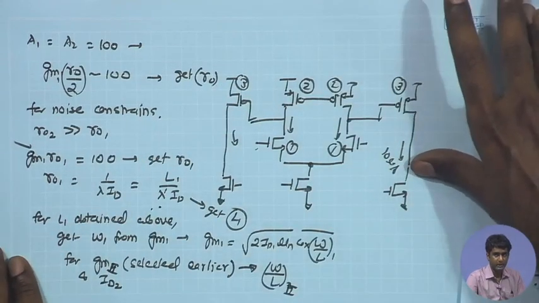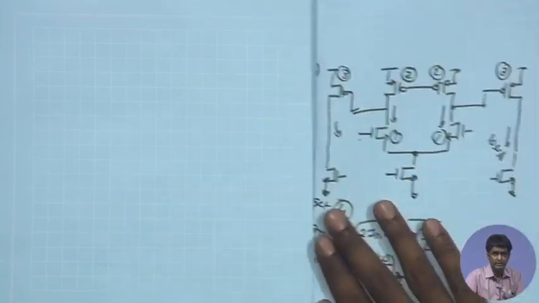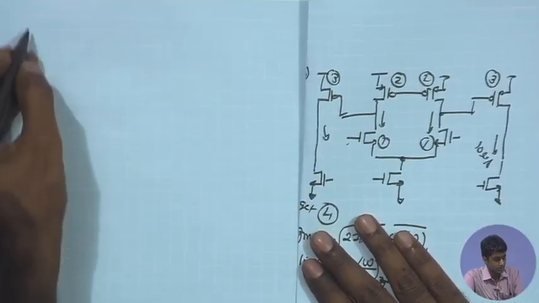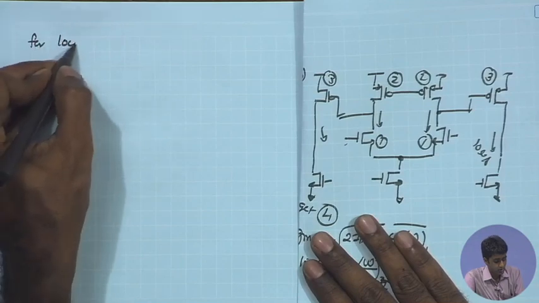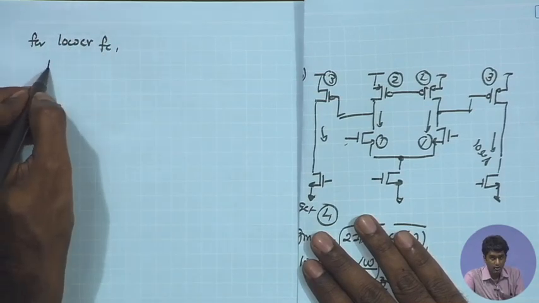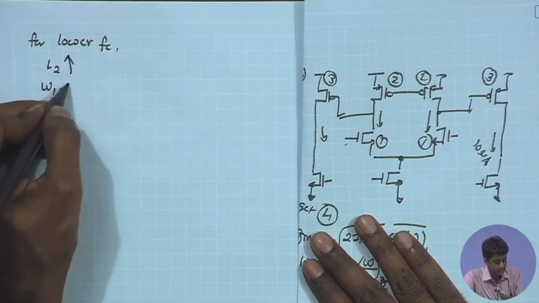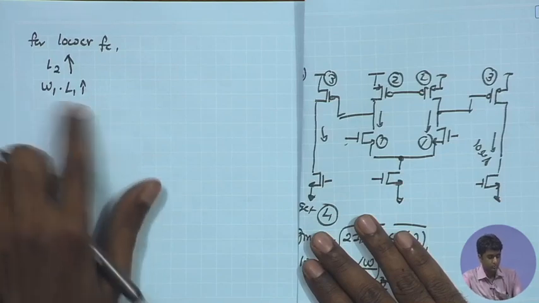So, if I consider the noise issue, let me just keep this circuit as it is. If I look at the noise issue for lower FC, I would like the L of 2 to be large and also W1 times L1 to be large, both these factors.